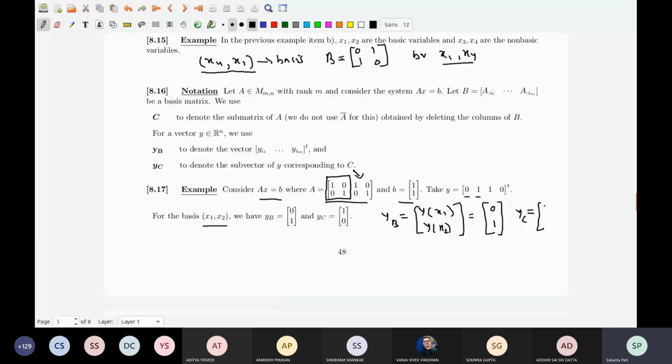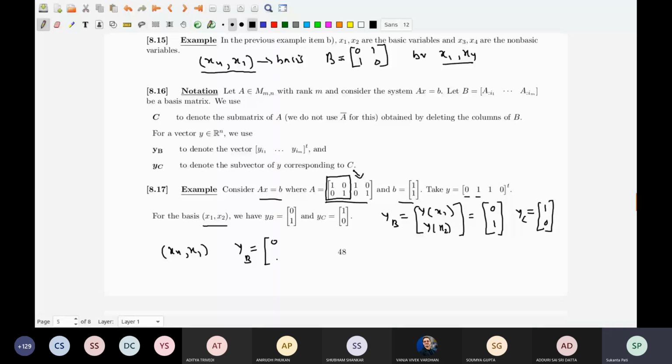But if I take the basis, let's say, equal to x4 x1, this is my basis, then what will be yB? Now yB will be, first you write the fourth entry, which is 0, and then the first entry, which is 0. That will be yB. And what will be yC over here?